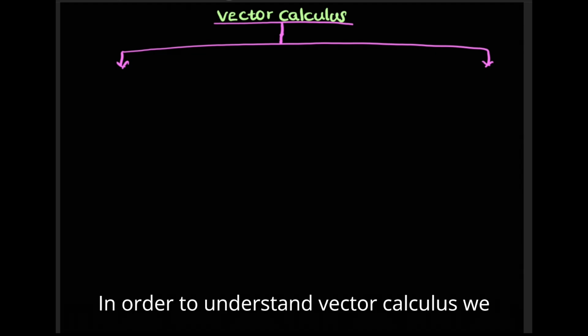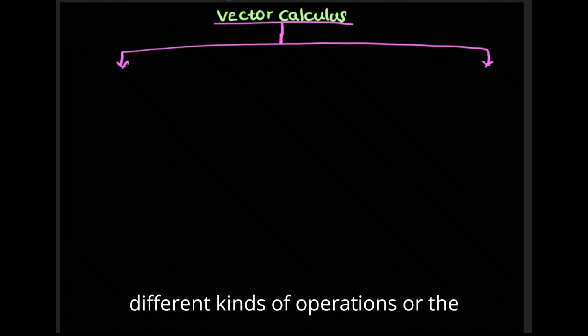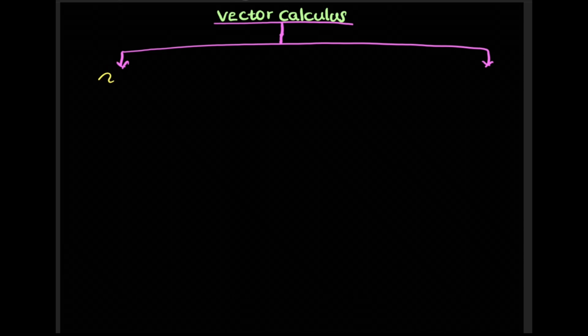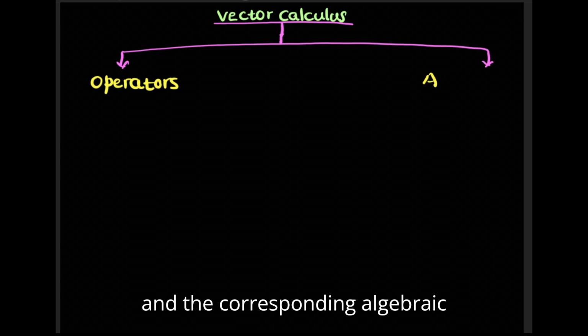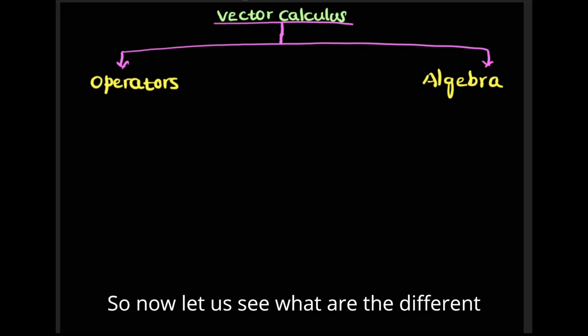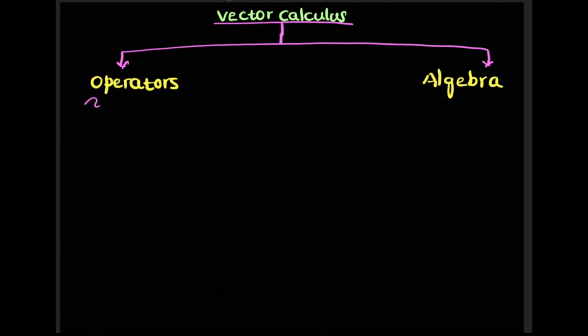In order to understand vector calculus, we need to have knowledge about different kinds of operations or operators that we can operate in between two vectors, and the corresponding algebraic operations. So now let us see what are the different kinds of operators that we have in order to operate between vectors.